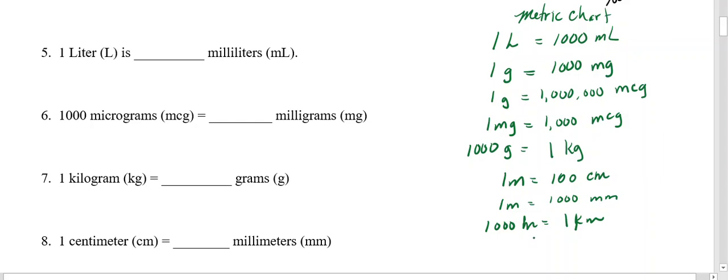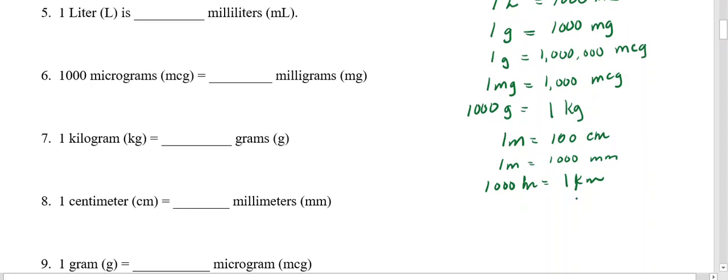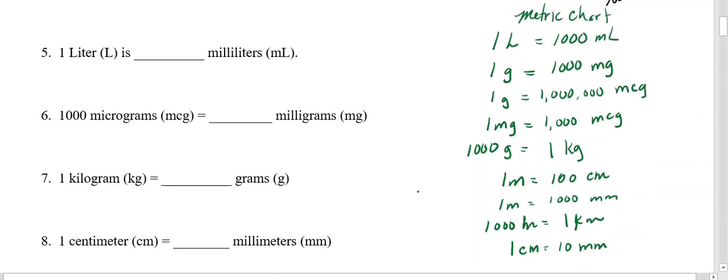And then another common one we use is 1 centimeter equals 10 millimeters. So those are the most common units that we will see in healthcare, but I'll give you a complete chart later on.